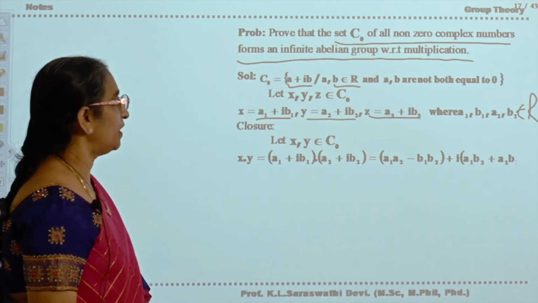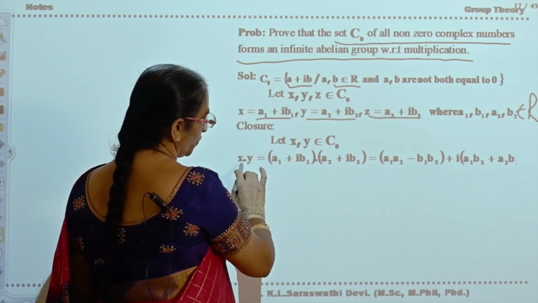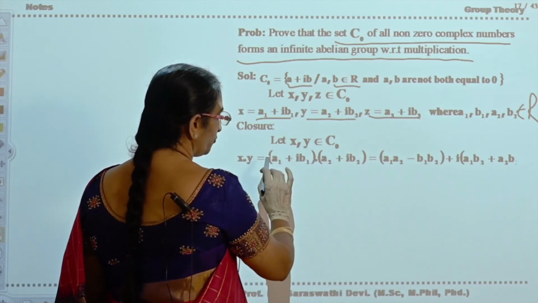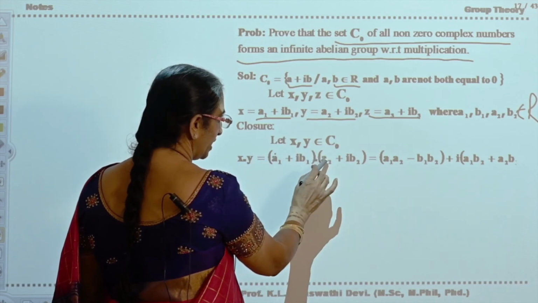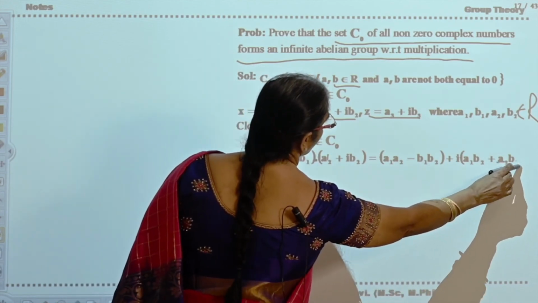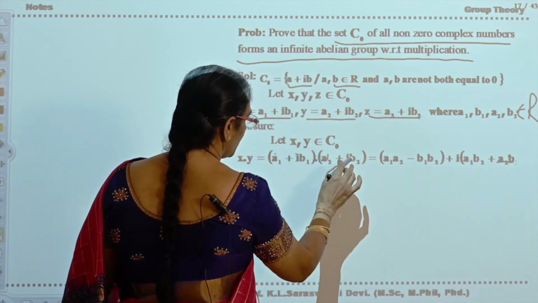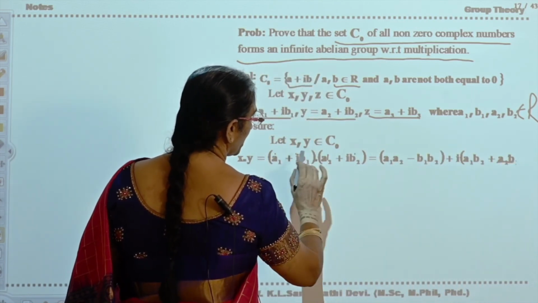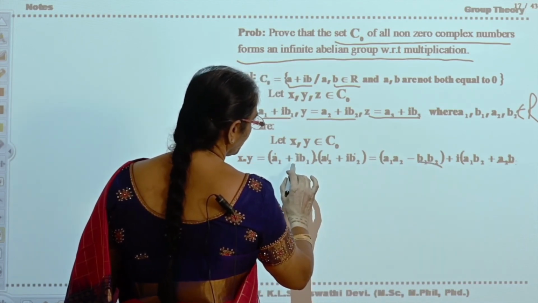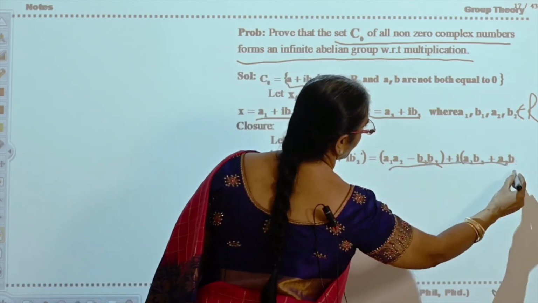Let x, y belong to C naught. So x into y is a1 plus ib1 into a2 plus ib2. If you multiply this, a1 a2, i b1 a2, i b2 a1, and i square b1 b2, where i square is minus 1.